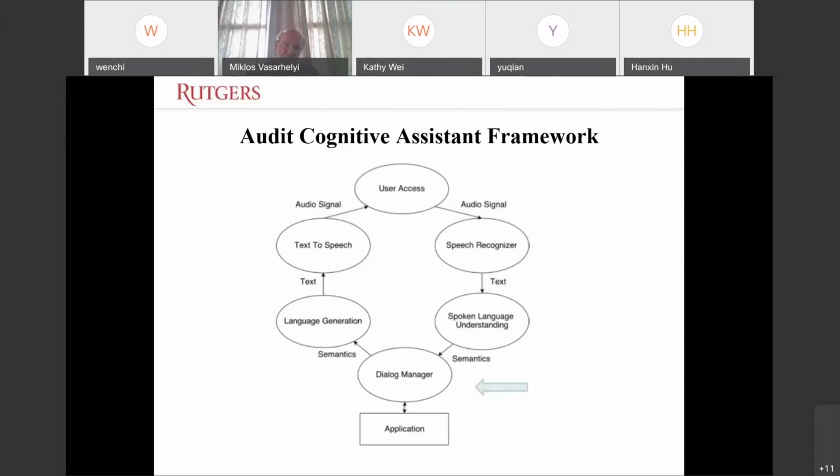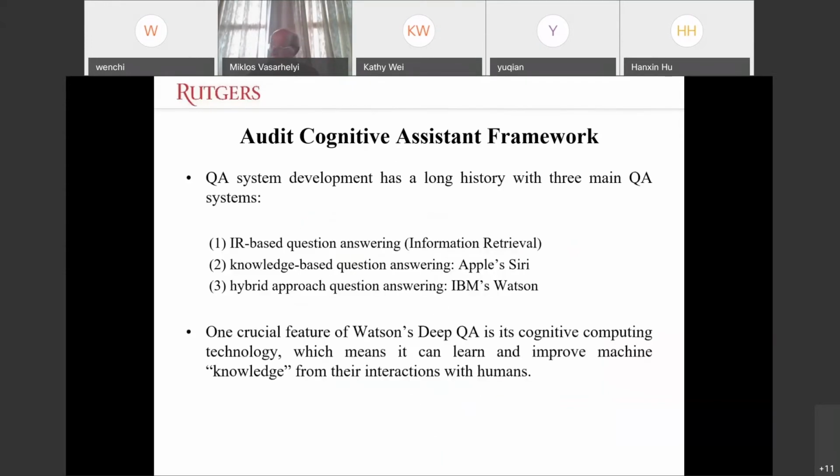The third one is dialogue manager. This is also the QA system that provides answers to questions that rely on complex natural language processing techniques. The QA system has a long history with three main types: the IR-based question answering, knowledge-based question answering, and hybrid approach.